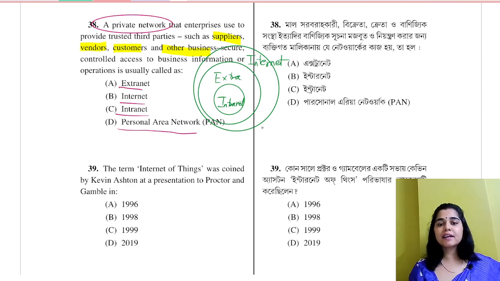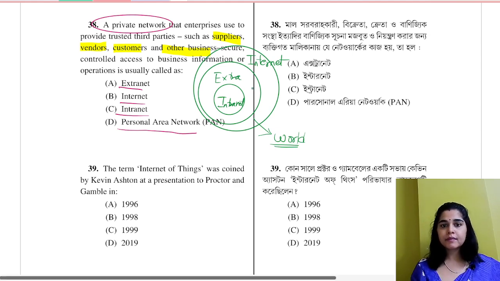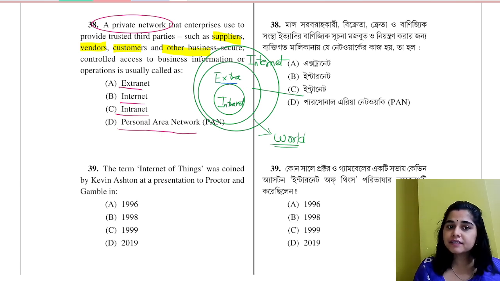Why is the internet bigger? Because here we connect to the world. And what about the extranet? The answer for this question will be extranet. Why extranet?